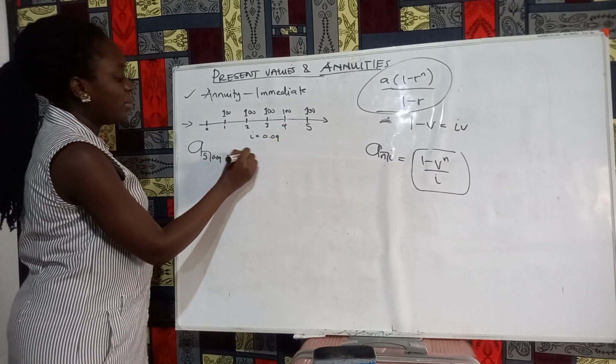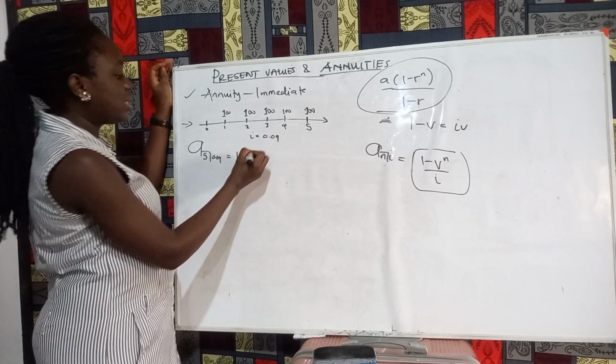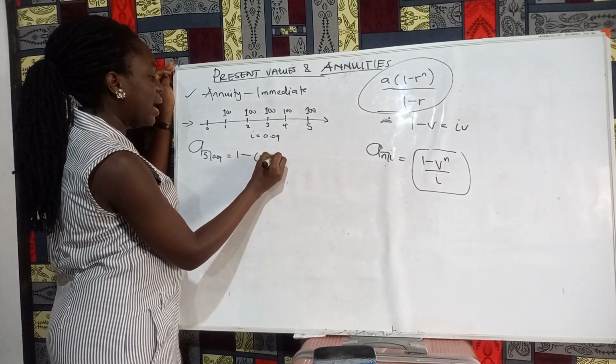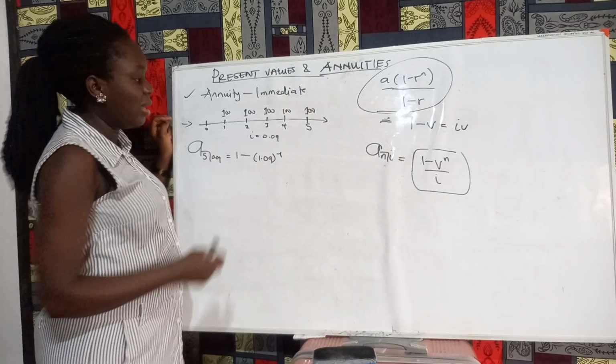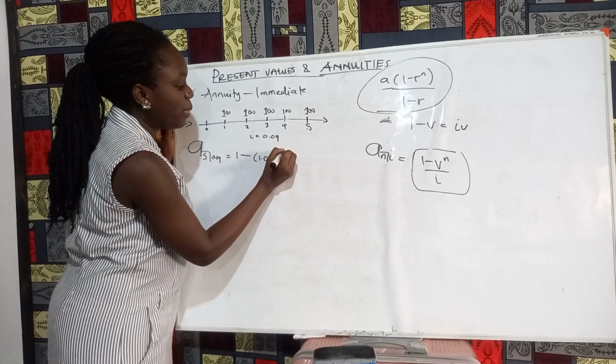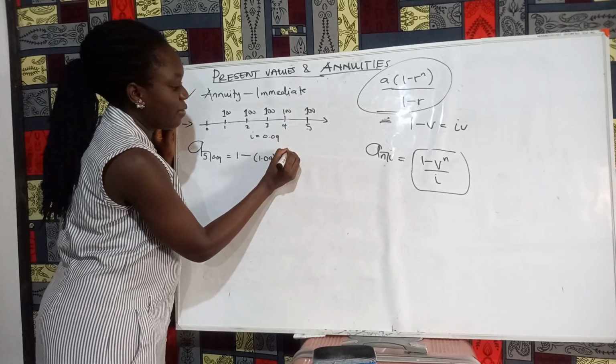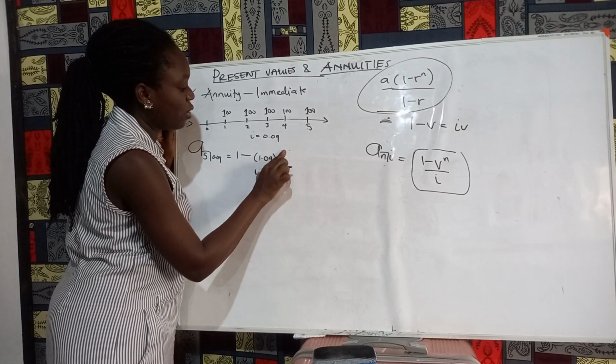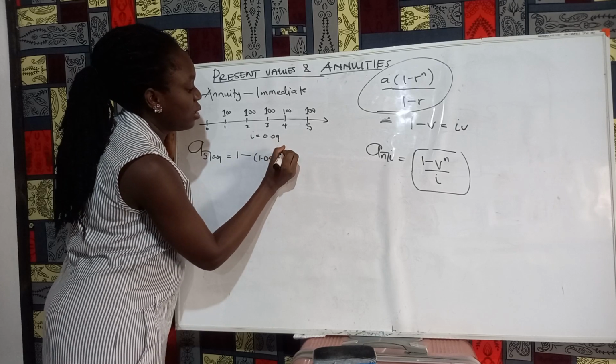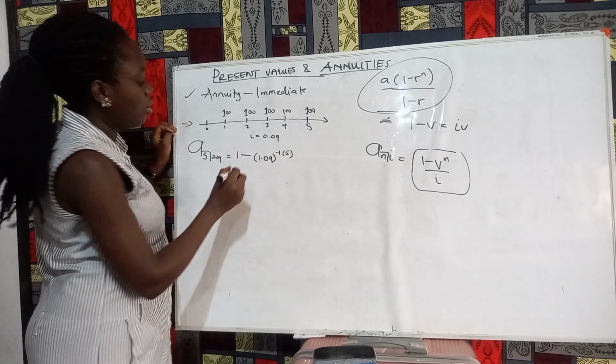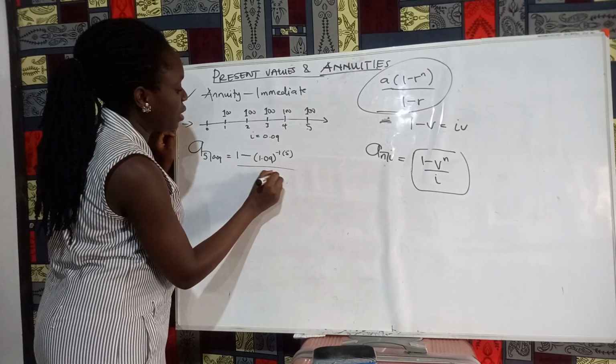So 1 minus V to the power n, where V is 1.09 to the power minus 1, and n is 5, so minus 5, all divided by I, which is 0.09.